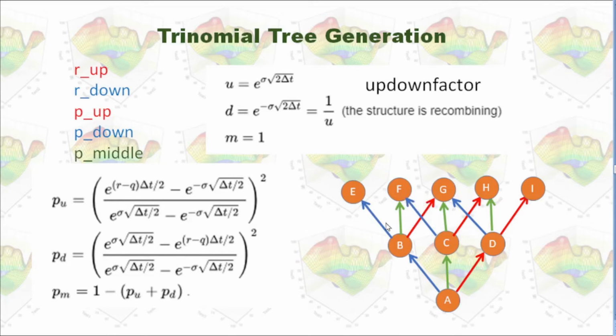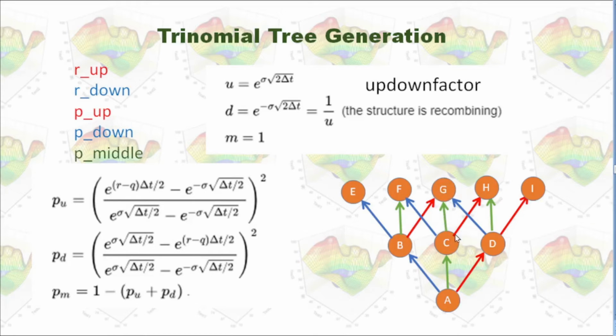If it's on the left side, you only consider the next data point going to the middle or going down. And for the right side of the tree, you only consider the data point going to the middle or going up. And for the data point in the middle, that's quite simple. You only consider the next data point going to the middle.